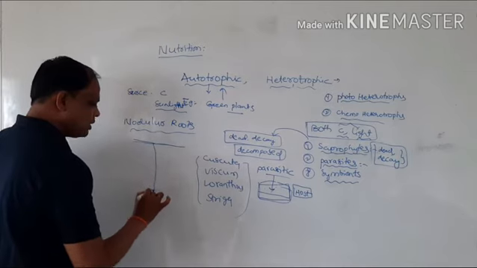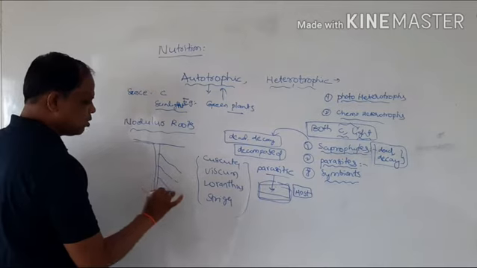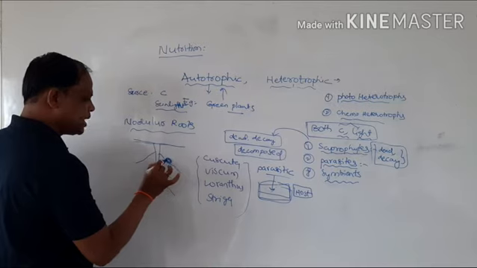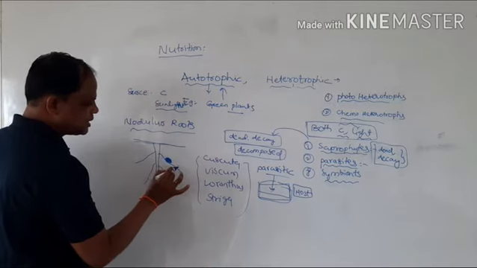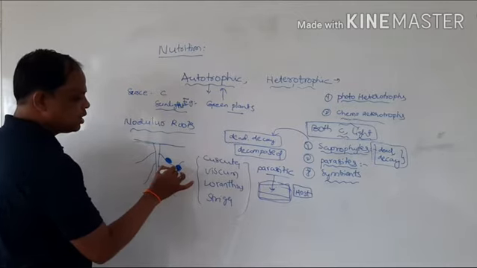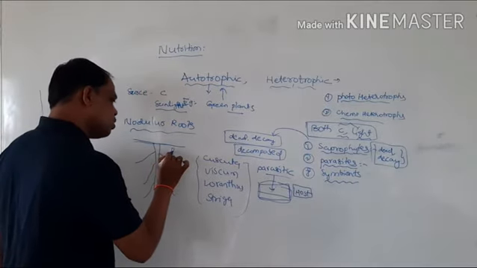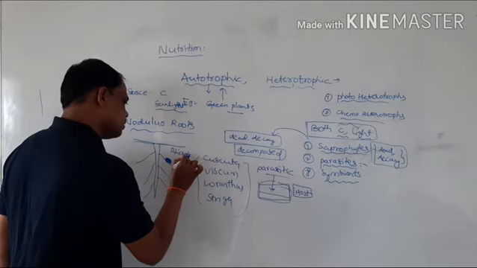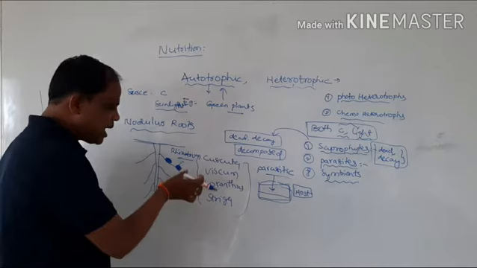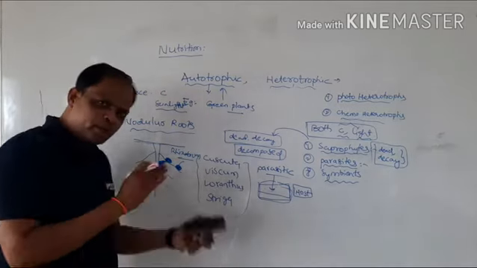The root systems contain small spherical structures, which are called nodules. Inside this nodule, an organism lives, named Rhizobium. Both the root system and the bacterium are associated and live together.